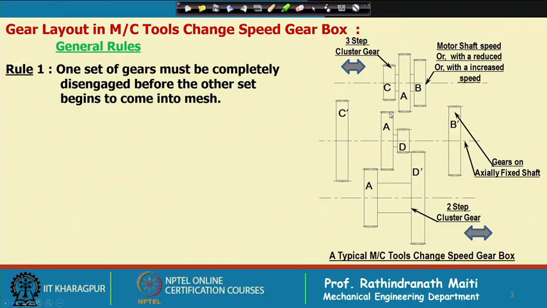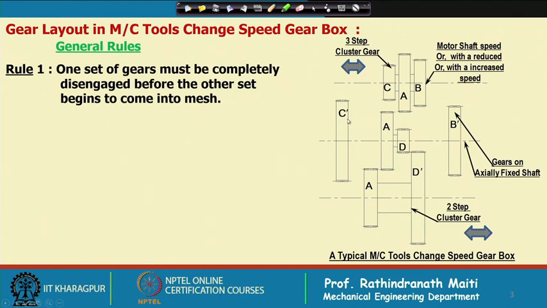Say, if we look into these gears, for example, if we move the top one to the left a little bit, then A will be engaged with A. Next, if we move further, C will be engaged with C dash, but before C comes into contact with C dash, A and A must be completely released.